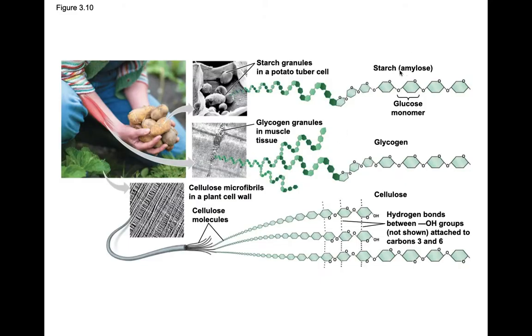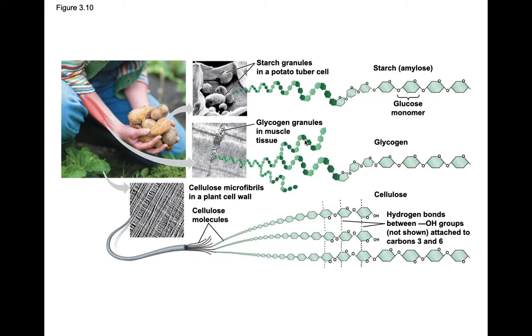So when we look at potatoes, for example, which are a universal carbohydrate food source across the world, it's really easy for amylase, which is an enzyme, to just cleave off these glucose molecules, providing energy for humans or animals. And the same thing is true with glycogen.